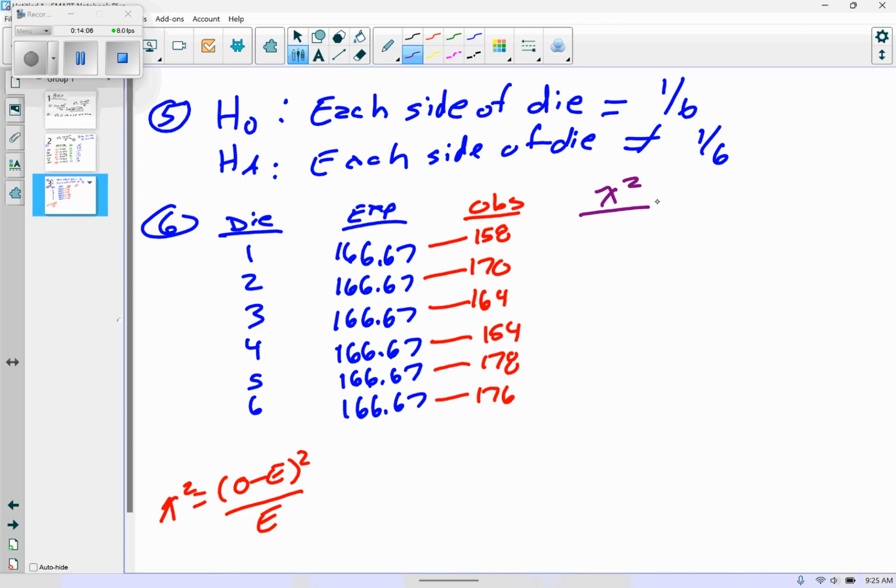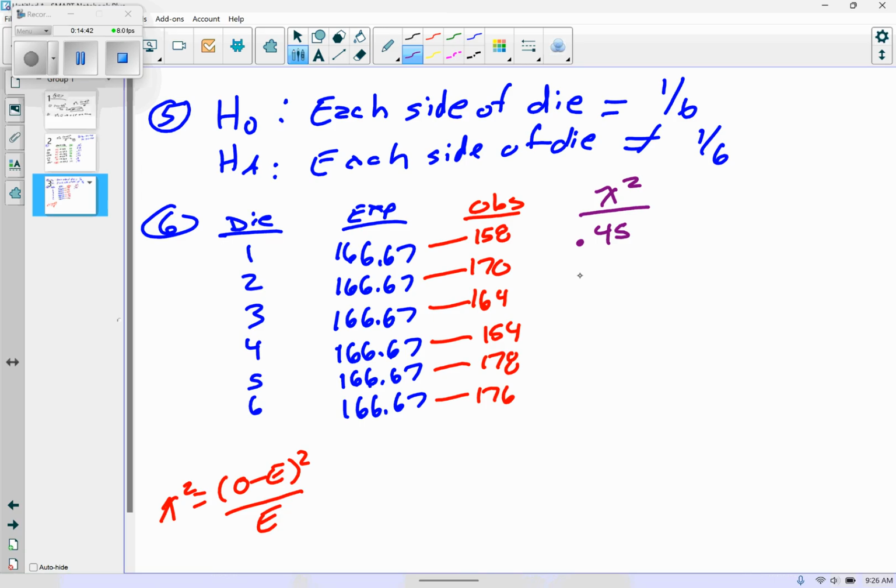So our chi-squared value: 166.67 minus 158, square that, divide that by 166.67. So this came out to 0.45. And 166.67 minus 170, square that, divide that by 166.67.